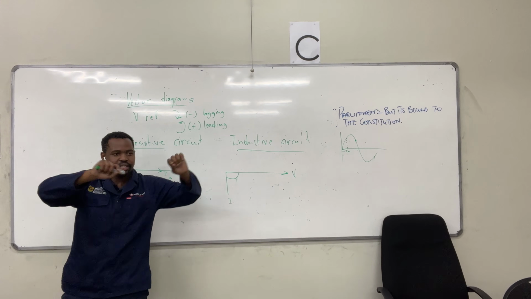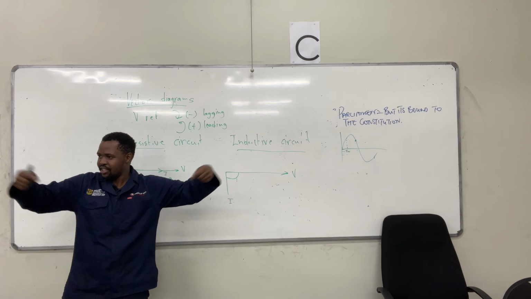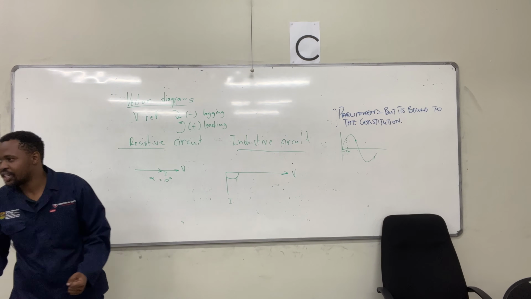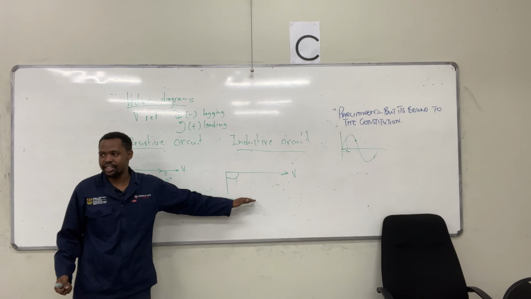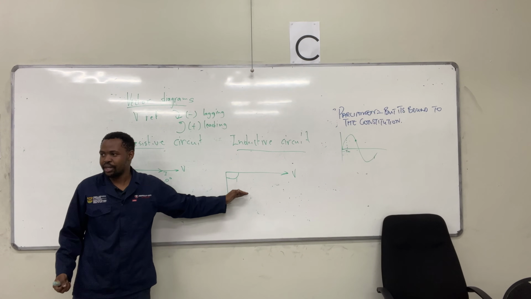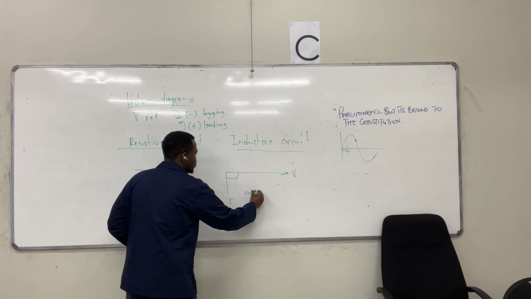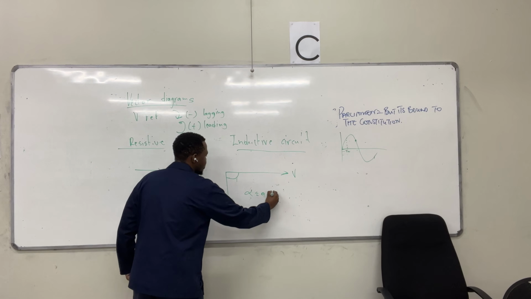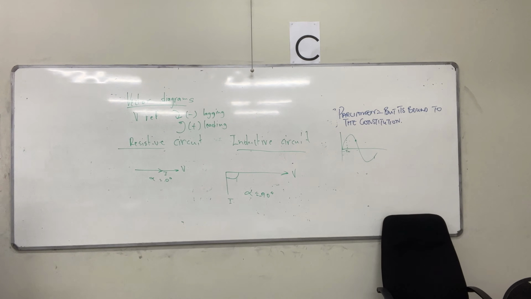So you have a combination of resistance and inductive reactance. That is not pure inductive, hence you don't find the angle to be exactly 90. We only get a phase shift of 90 by assuming it is purely inductive. Then the angle is negative 90.